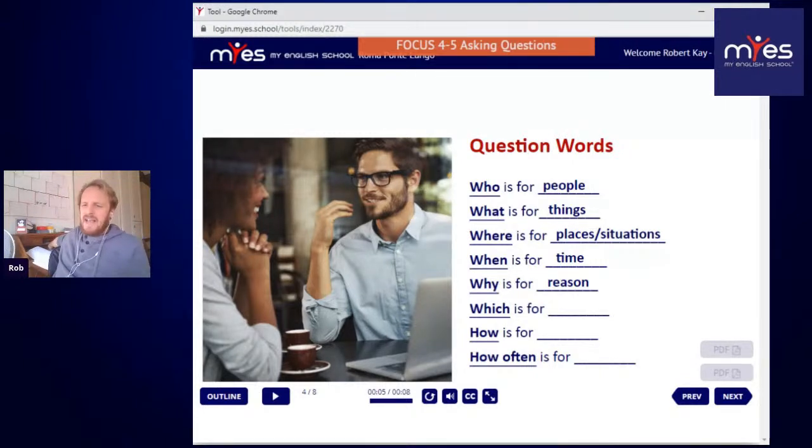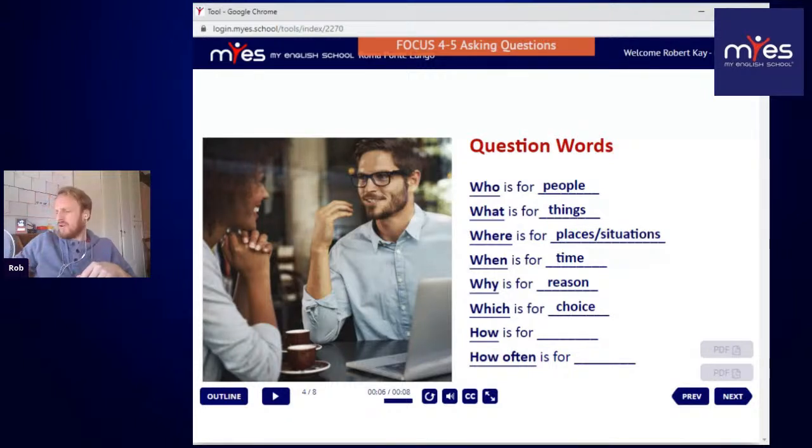Exactly, Fiorella. Which would be for choices. So when you have an option, like which do you prefer, red or yellow? This is a choice.